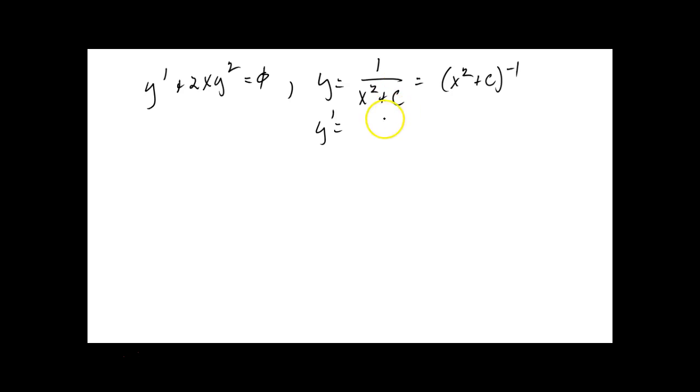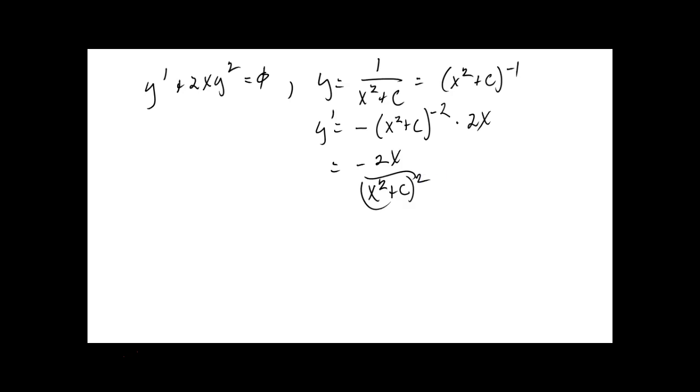So what's your y prime? Minus x squared plus c to the minus 2 times chain rule 2x. Now I'm going to write that back in denominator form like the original was. That would be a minus 2x over x squared plus c squared.